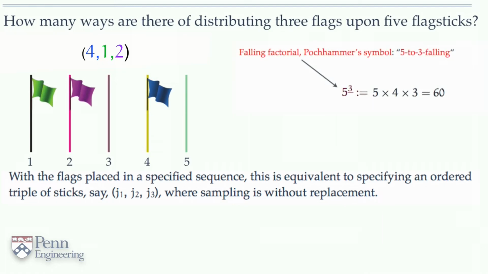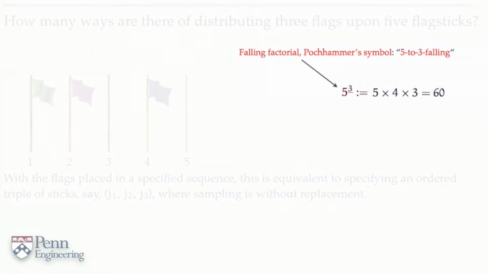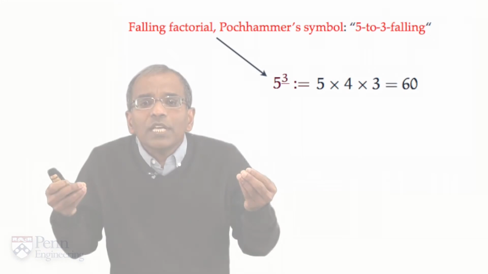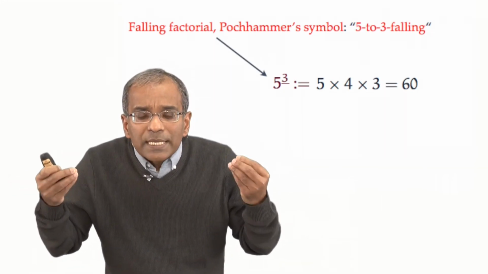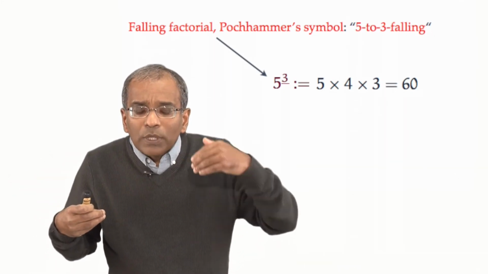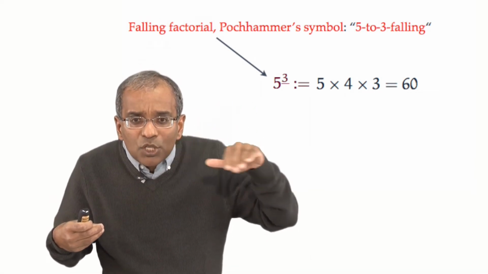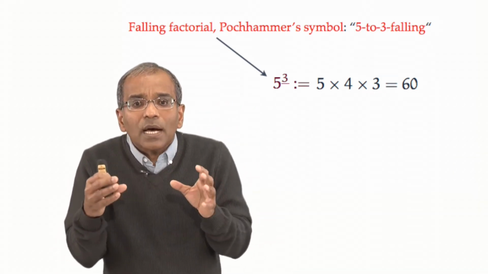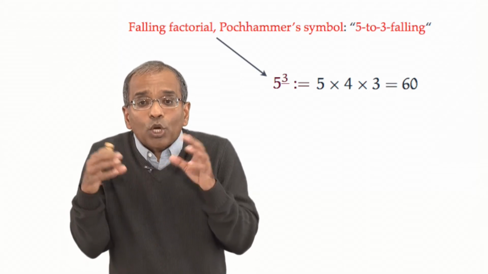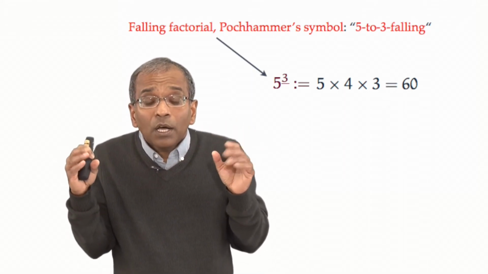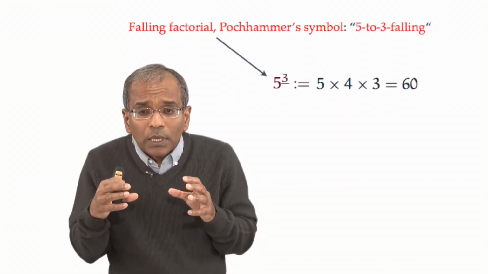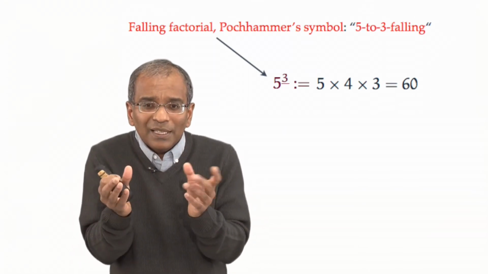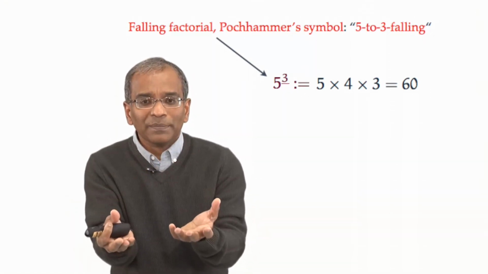We call this 5 times 4 times 3, 5 to the 3 falling. We represent it with a 5, with a power 3 and an underscore under 3 to remind ourselves that this is really not an ordinary common garden variety power that we saw in elementary school, but a new kind of power. This is a falling power.